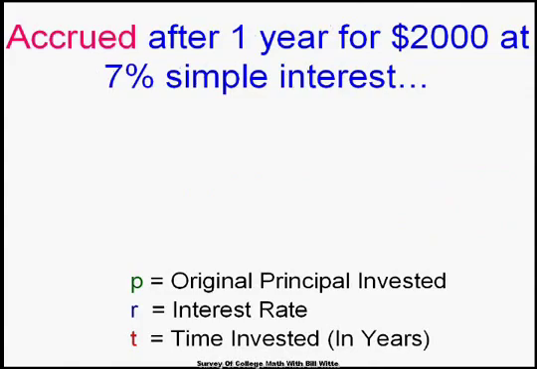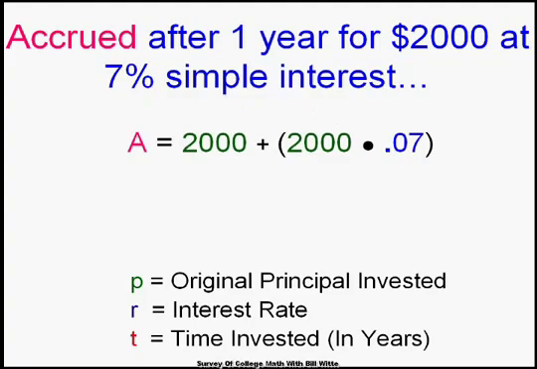So we're going to come up with a new word here, how much we've accrued after 1 year for 2,000 at 7% simple interest. Similar problem, but we don't want to account for just the interest. We want our principal and our interest, because that's how much money you get back. So we have a new formula. We have our original amount, 2,000, plus 2,000 times the interest rate. So hopefully you can see how I come up with a formula here of 2,000.